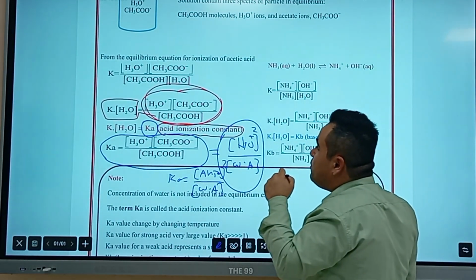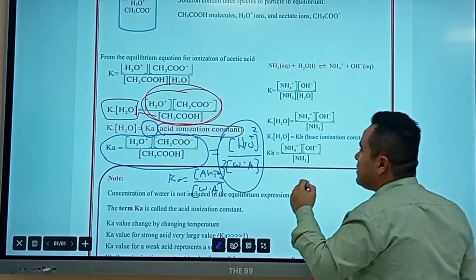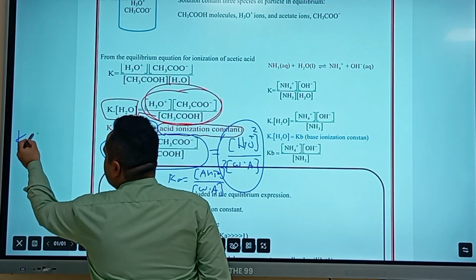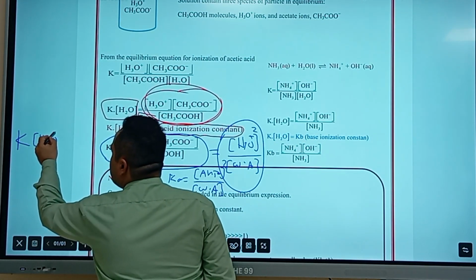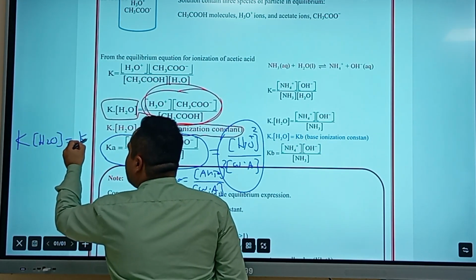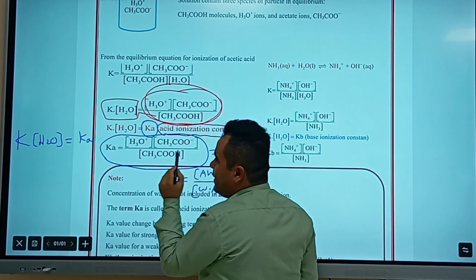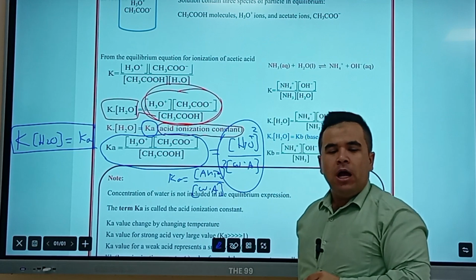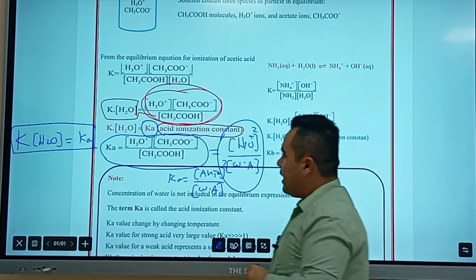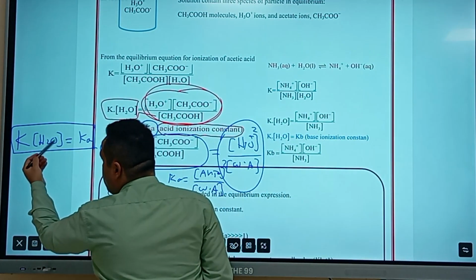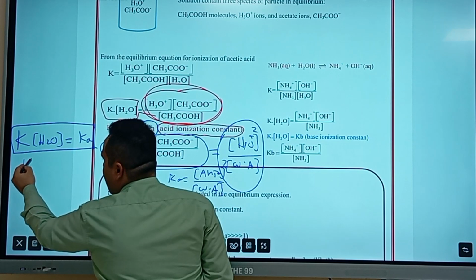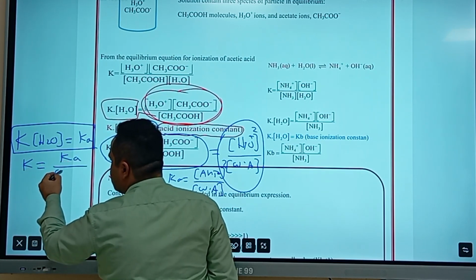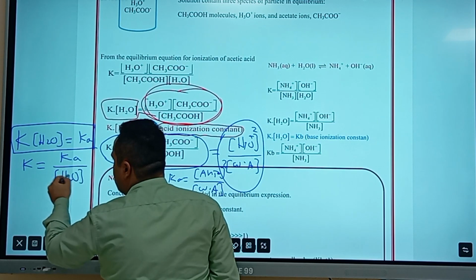So what's the relation between the equilibrium constant and Ka, guys? K multiplied by H2O is equal to Ka. This is the representation between the equilibrium constant and the constant ionization of acids. Or we can say K is equal to Ka divided by the concentration of H2O.